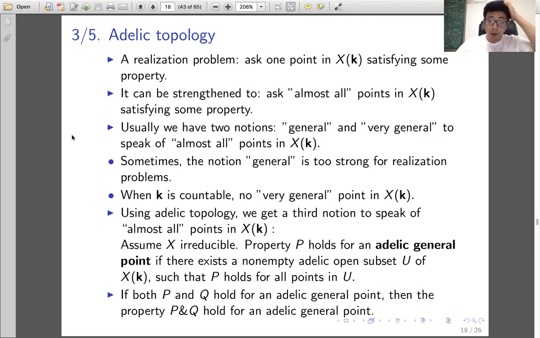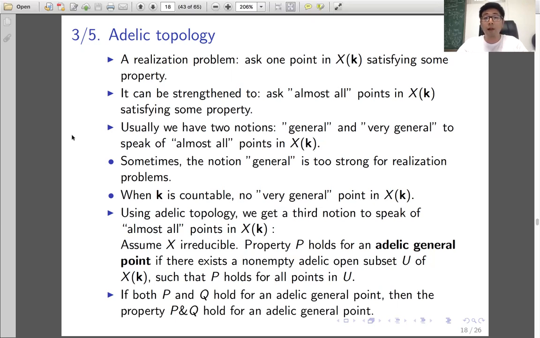So how can we use this notion? If there are two properties P and Q, and if both P and Q hold for an adelic general point, then an adelic general point satisfies those properties P and Q at the same time.